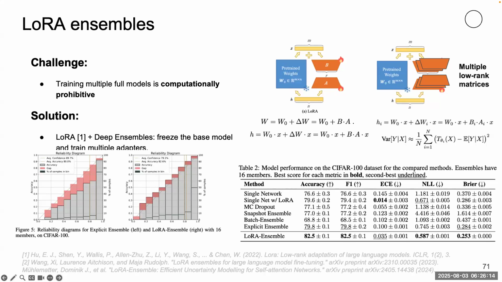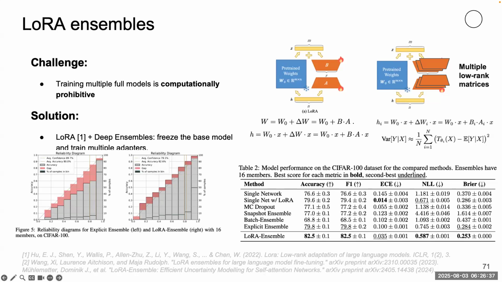Then doing this LoRA ensemble, it's pretty close to the dashed line. It's well calibrated. But here, this is not a language model. They're testing it on the CIFAR-100 dataset, which is an image dataset. But this idea could also be transferred to other methods as well.